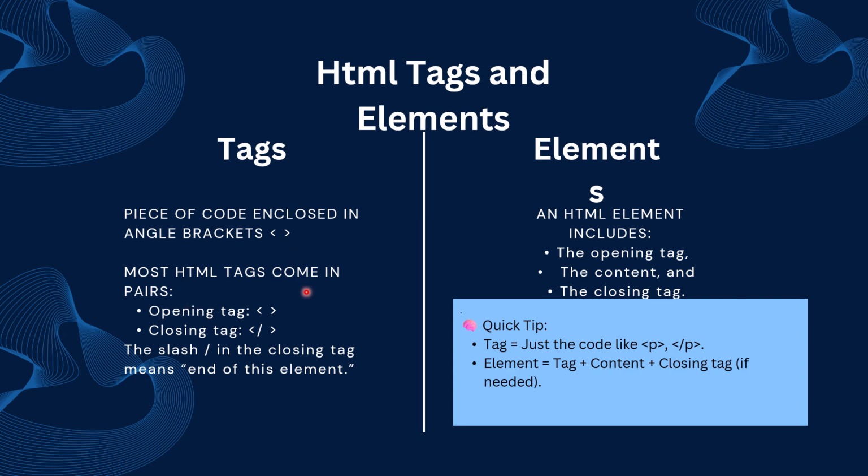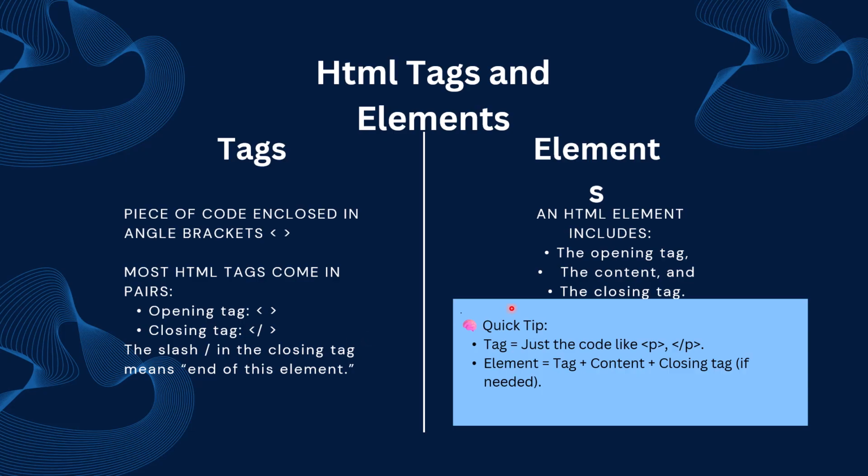Most HTML tags come in pairs, like an opening tag and a closing tag. The closing tag contains the angle brackets with a forward slash within. The slash in the closing tag means the end of this element.